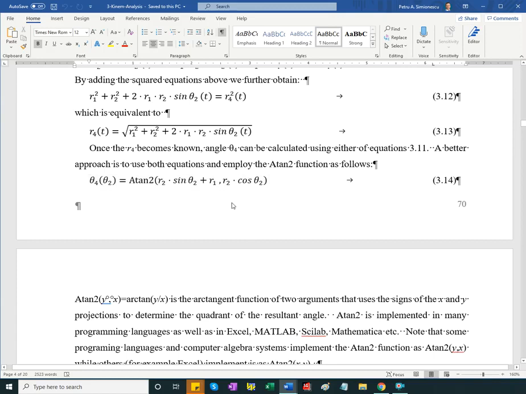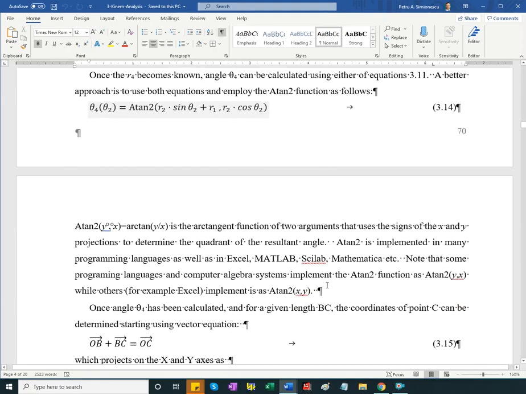So some information is lost by taking the ratio versus applying the y projection and x projection individually. Note that some, like Excel, accept the x projection and then the y projection, and others like MATLAB, I think, have them the other way, y projection then x projection. So read the help to make proper use of the two-argument arctangent.